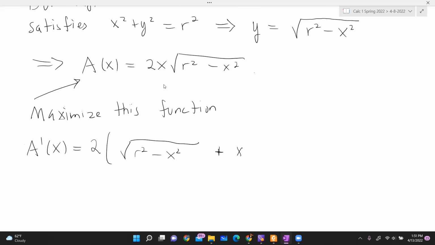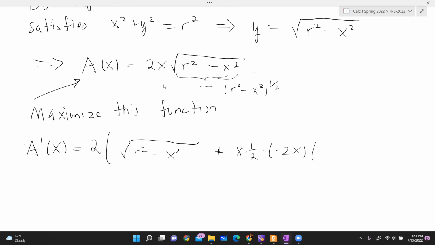The square root is the same thing as (r squared minus x squared) to the 1/2 power, so we use the chain rule with the power rule. We bring the 1/2 down, and then we multiply by the derivative of the inside function. The derivative of r squared, r being just some constant, will vanish, and the derivative of negative x squared is negative 2x.